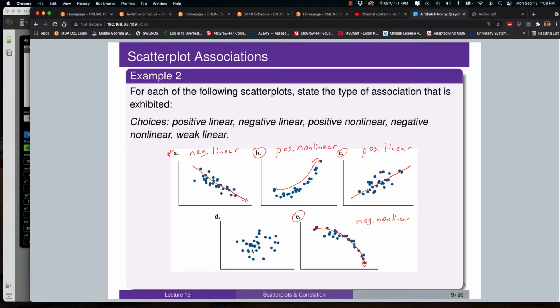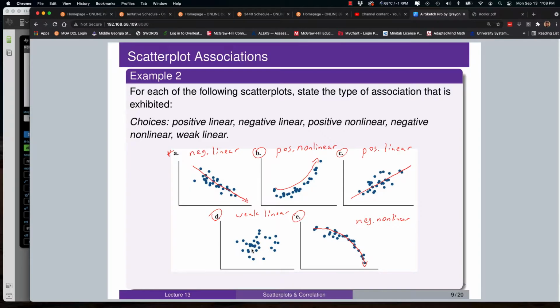And then D is a weak association, mainly by process of elimination. Weak linear. I couldn't decide which direction to draw that line in. The points are so much more of a nebulous cloud that they're not pulling together, and it's hard to tell whether this would be a negative or a positive weak linear association.